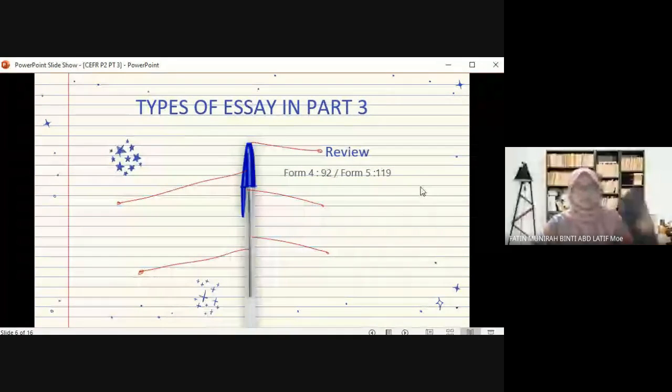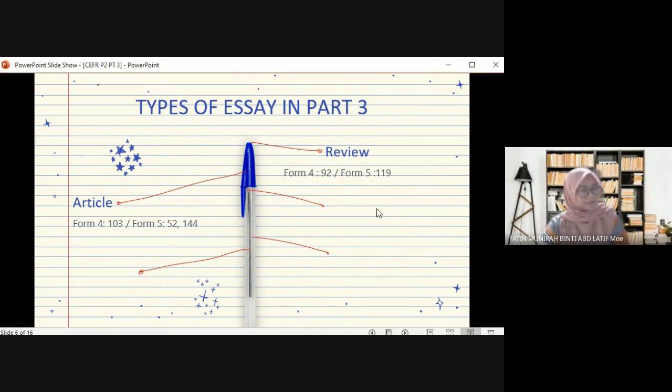You can refer to them after this. Okay, tengok pages dia. And then we have article. Okay, article form 4 page 103, form 5 page 52 and page 144. Form 5 ada 2 kali keluar artikel.